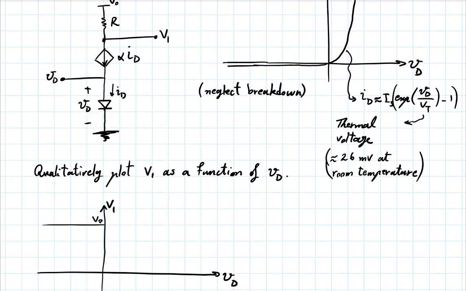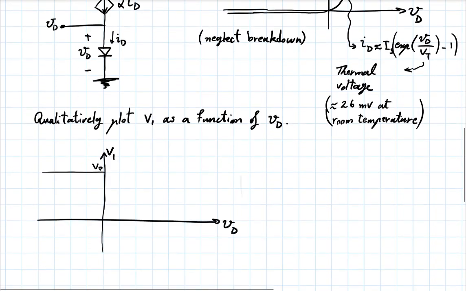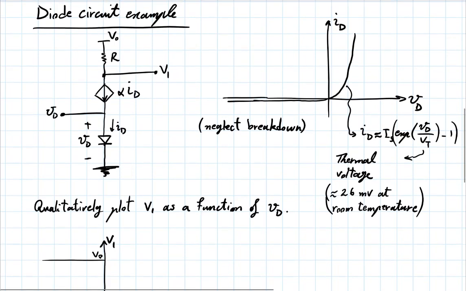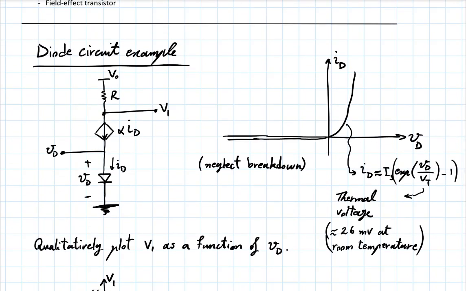Things start to get interesting when VD is a positive value. Now, if VD is 0, the diode current is 0. And again, alpha times ID is 0, and V1 is the same as V0.